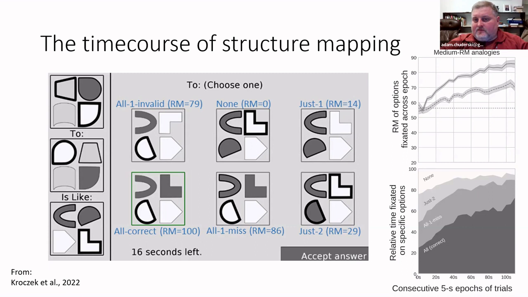So, for example, if a person attended for 3 seconds to the all-correct option, and for example, for 2 seconds to the none option, which has 0 relational match, that would be around a value of 60. Okay, so it's a weighted average of the relational match that people attended to during 5-second epochs.